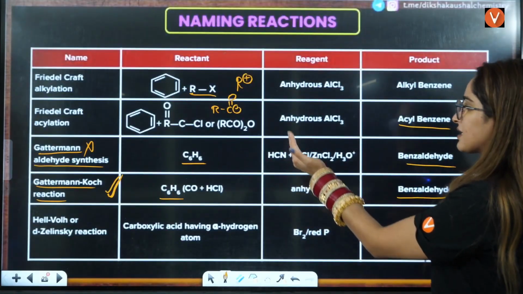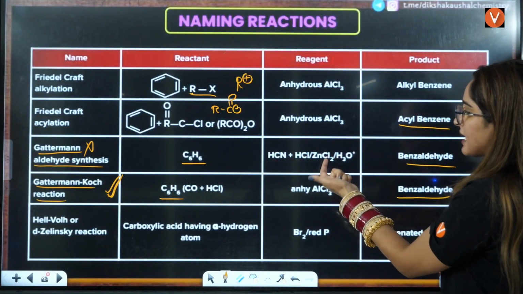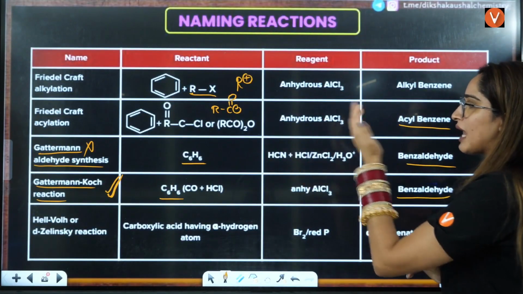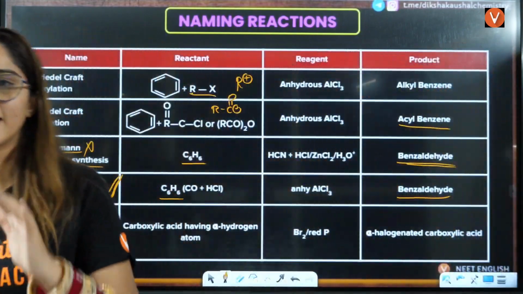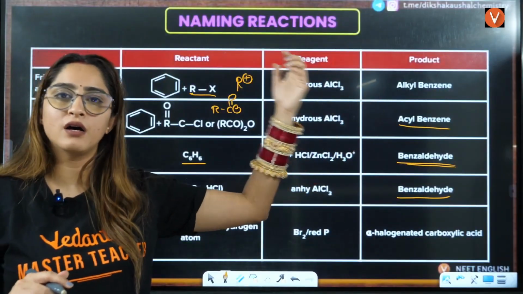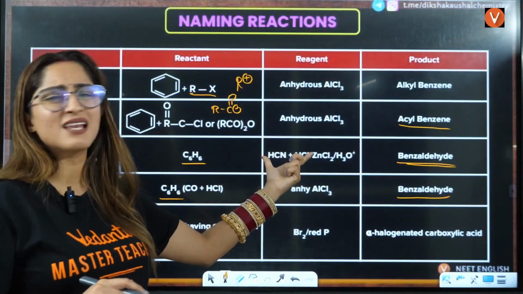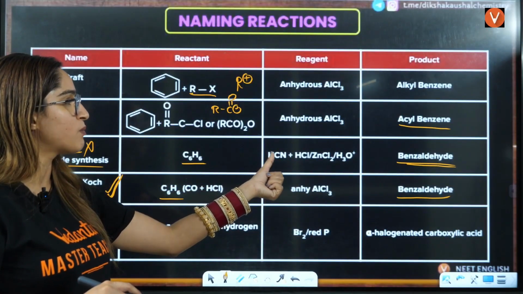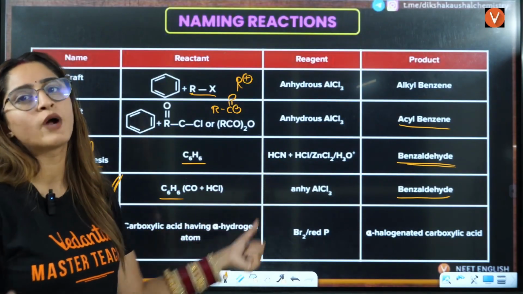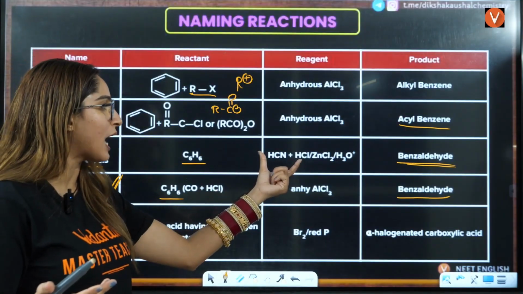But still, if you want to see this, you add HCN, HCl, ZnCl2 and then directly you will have the formation of benzaldehyde here. You can see that it is a one step reaction, right? So basically you have the attachment of C triple bond N here, then that is converted to aldehyde, okay? So you can go through that, right?